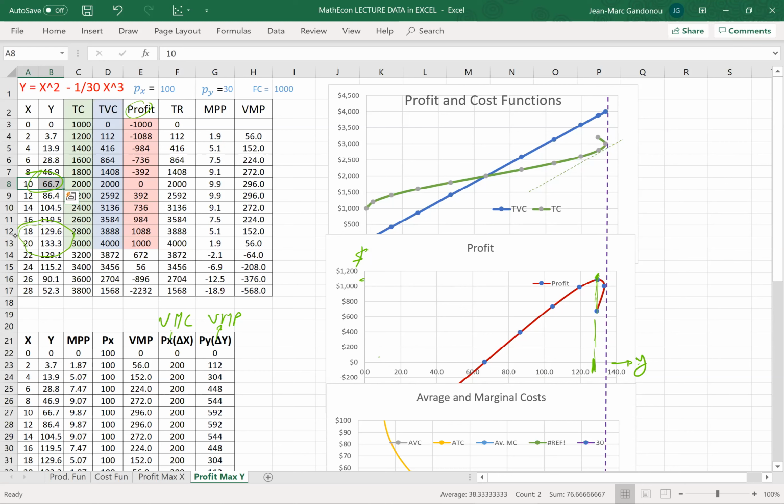So with 18.2 input, the corresponding optimum that we need to find is something slightly above 129.6. At that level, once we pass that level, profit decreases.